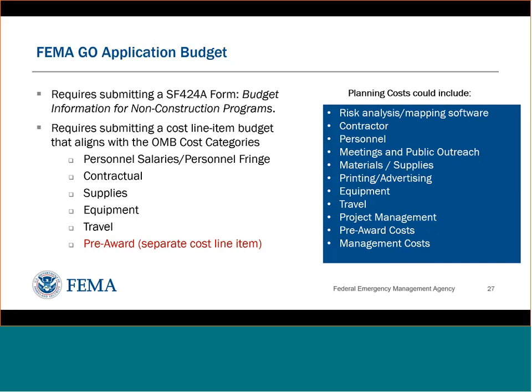If you're hiring a contractor or a consultant, are there any personnel costs, so staff time, which we'll go into a little bit more. And then meetings and public outreach, so if there's any type of material needed for those, perhaps you need to rent a location to hold a public meeting, materials and supplies, printing and advertising, equipment, travel, and project management costs.